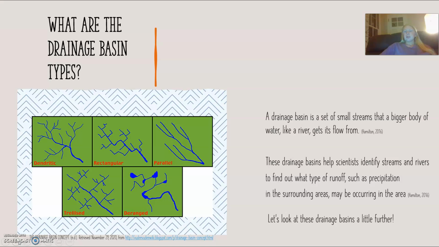Let's look at drainage basins a little further. Here are 5 types of drainage basins, although there are more. One that is not mentioned on here is the radial basin pattern. Let's say you have a mountain that goes from big to small at the top.